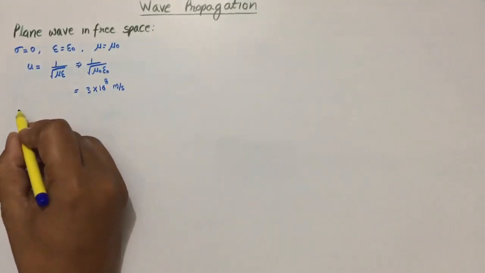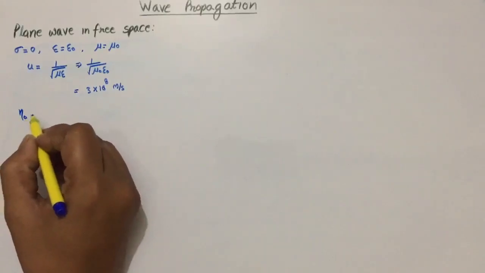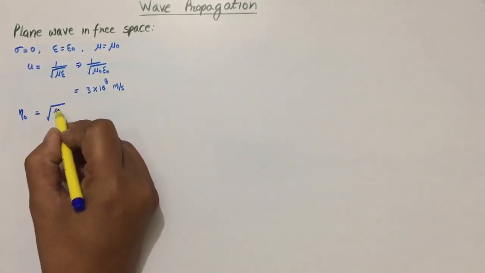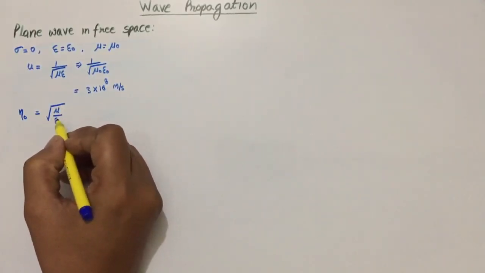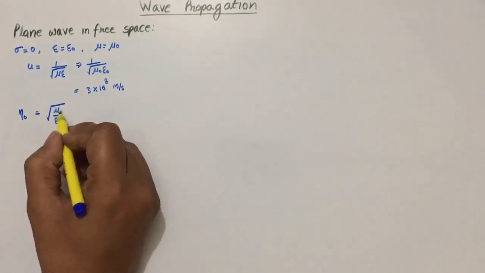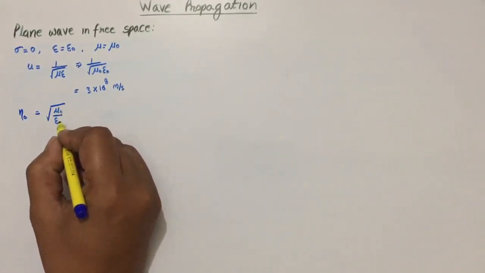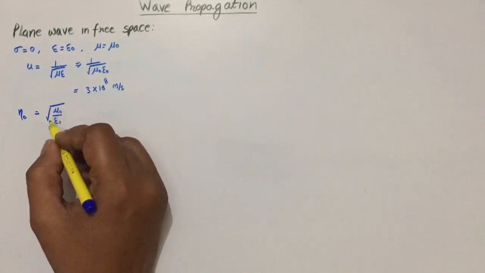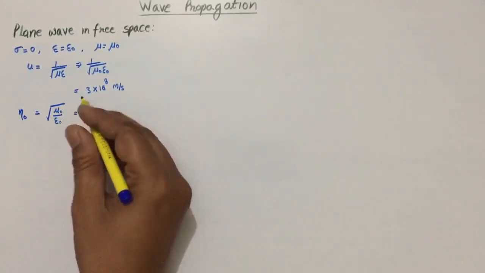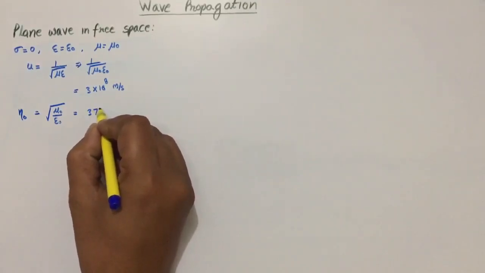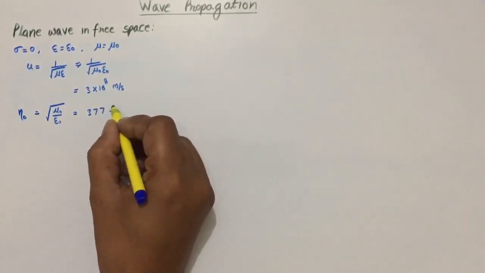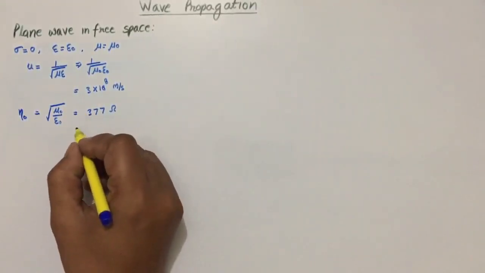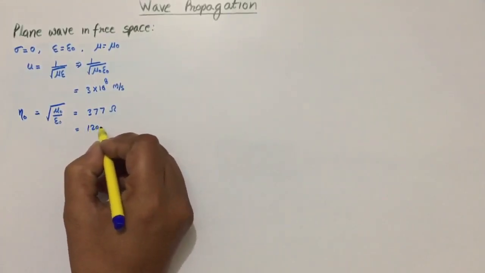Next thing will be intrinsic impedance in the case of free space. The formula for this is root of mu by epsilon. So in case of free space it will be root of permeability naught divided by epsilon naught, and both are constants, and if we try to find, then we can have 377 ohm, or we can write it as 120 pi ohm.